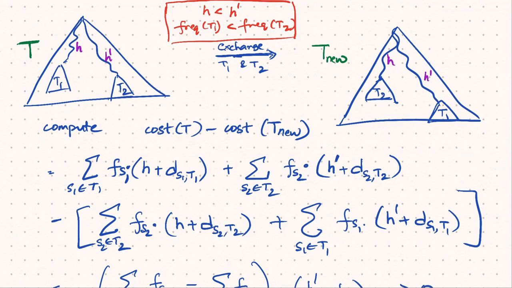Since we saw here the frequency of T2 is higher, we want T2 to come higher up in the tree, and that would reduce the cost. So that's the idea in the algorithm. We start by pushing to the leaf the subtrees which have the lowest frequency, and we recursively keep doing this.